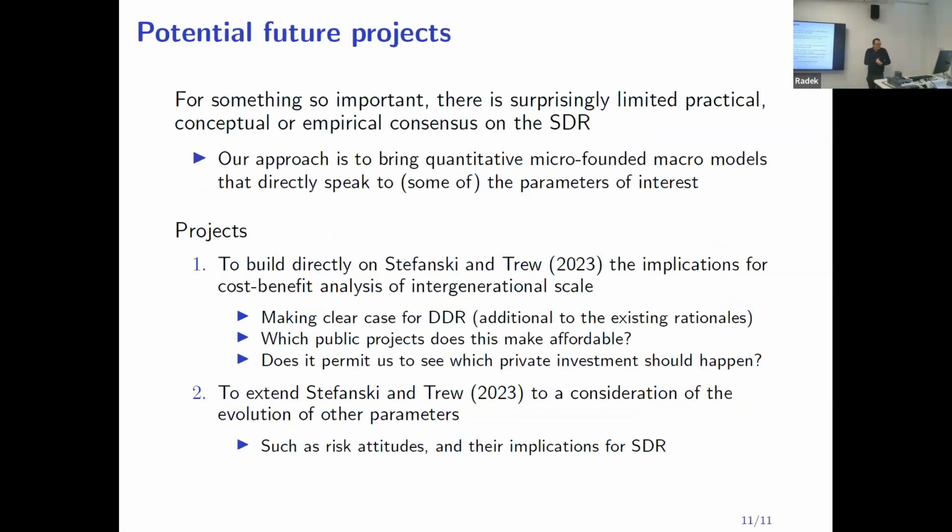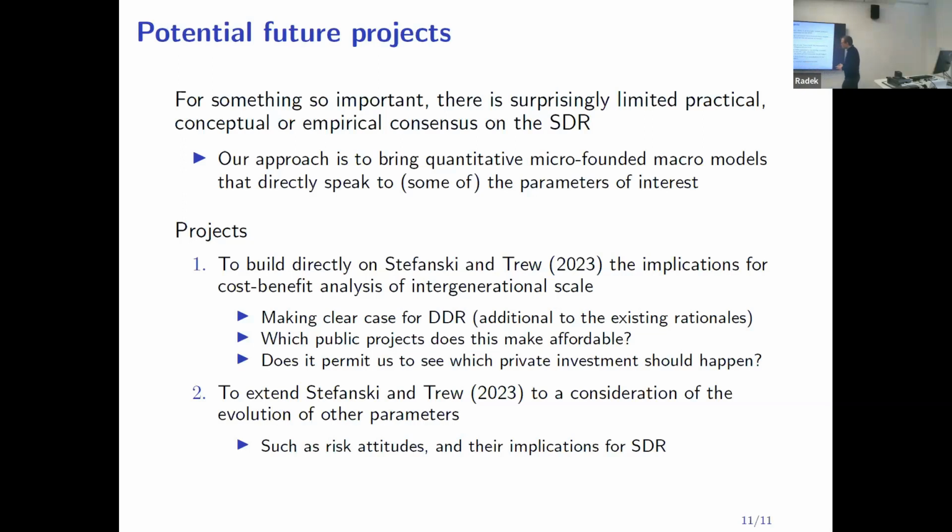So for something so important, there's very little practical, conceptual, or empirical support or consensus on this. What we do is really bring together quantitative macroeconomic models that directly speak to some of the most important parameters in the Ramsey rule. And we're applying for a grant, we're doing a whole bunch of work where we're building directly on this paper to think about policy in this framework.